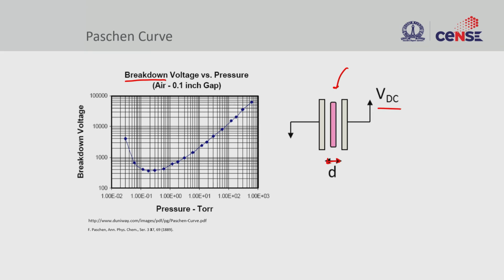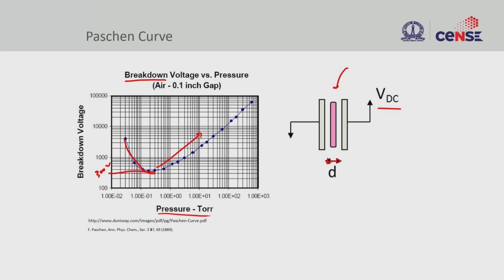When you look at the pressure variation, your breakdown voltage goes down, becomes minimum at some point, to some 300 volts or so, and then increases again. So there is a sweet spot for the breakdown to happen at a very low voltage.